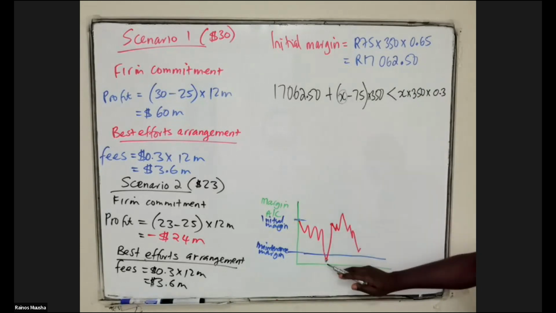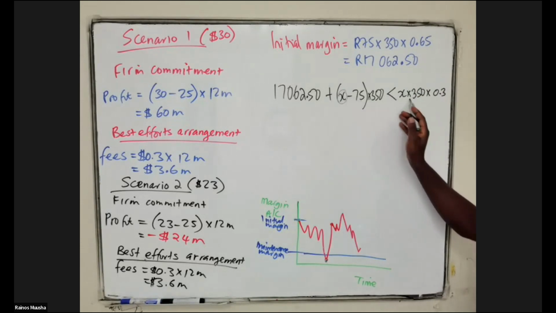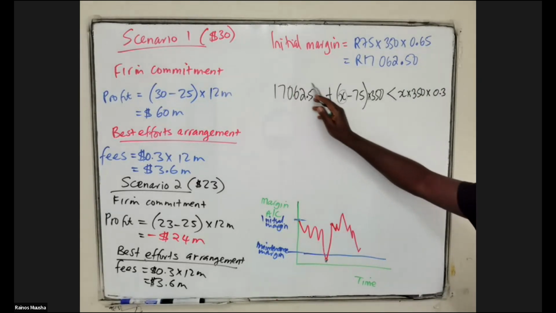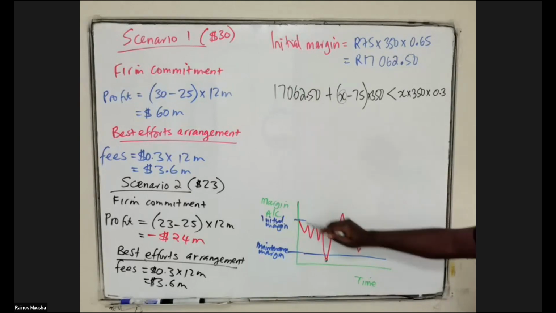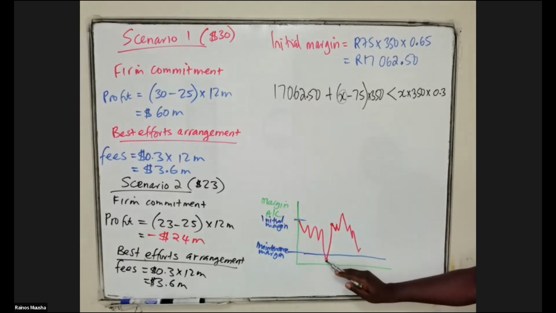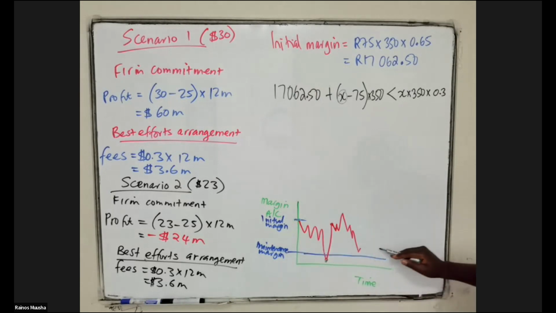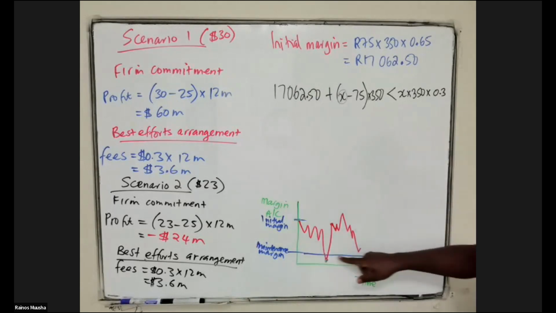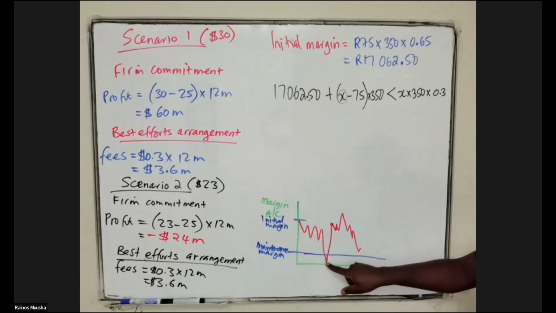So now we need to find out exactly what is this price that results in a situation where, from the initial margin point, if your portfolio goes down to a certain level, your margin account is going to be less than what? The maintenance margin. Because remember, the moment your margin account goes below the maintenance margin, you're going to be receiving what? A margin call.